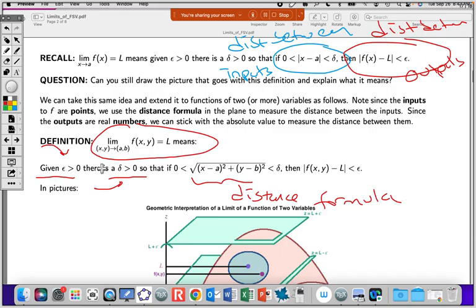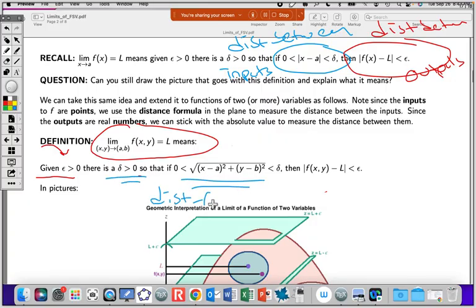So given epsilon greater than 0, there's a delta greater than 0, so that if the point x, y is within delta units of the point a, b, and I should do this in blue to be consistent with the colors here, since blue's for inputs, this is saying that the distance between the inputs from x, y to a, b is less than delta. Then look at the outputs.